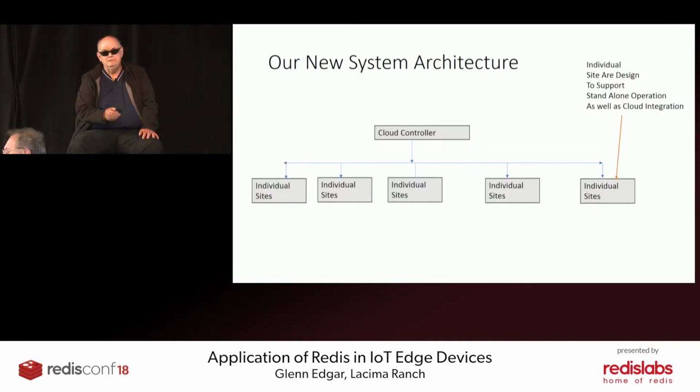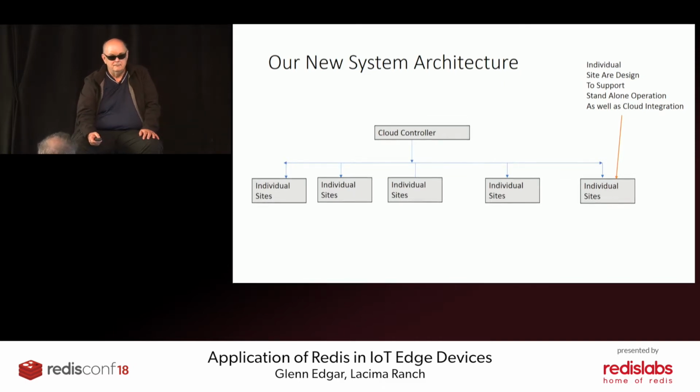I replaced it with a system where I had individual sites and a cloud computer, and the individual sites are standalone. I designed it for the avocado community in California, and some of the plots have phone lines, and some don't even have cell phones.